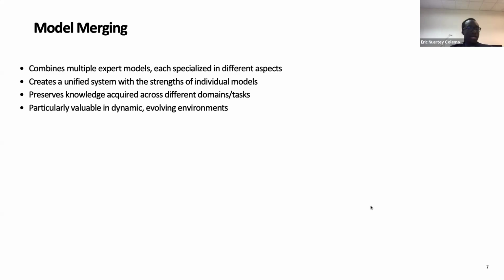You basically combine multiple expert models, which are models fine-tuned on specific tasks, and you're able to get the knowledge from all these expert models into one single model without having to retrain the model again. You just combine these expert models, and you don't necessarily have to train the unified model again.